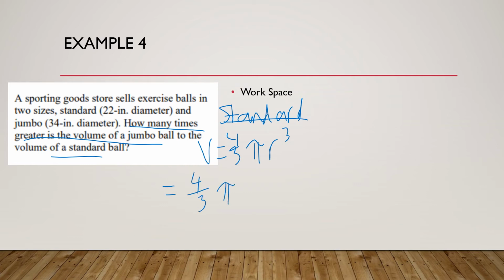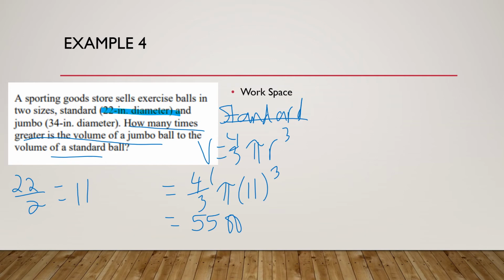To find my radius, if we look at the standard ball, it is 22 inches in diameter. We would take 22 divided by 2, which would give us 11 cubed. Do all that math, we have 5,580.